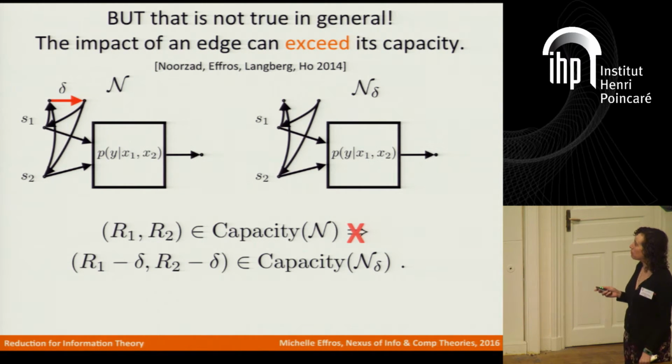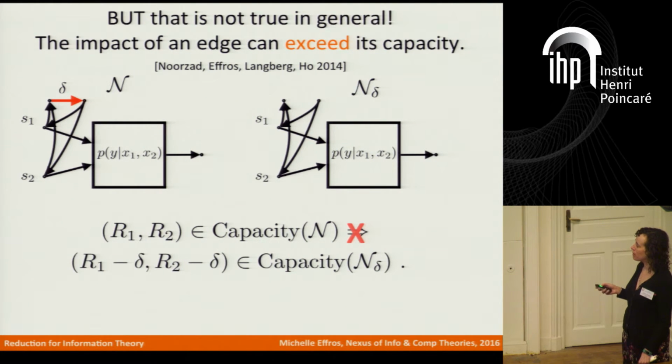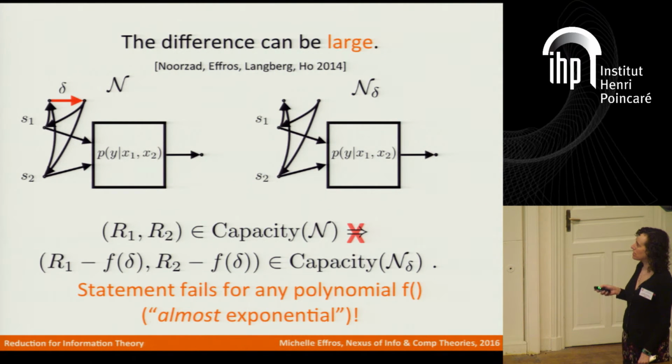What's even more surprising is that even if you relax this constraint a little bit and ask not whether I can get R1 minus delta and R2 minus delta when I remove that link, but whether I can get R1 minus f of delta and R2 minus f of delta for a polynomial f, it turns out still to be false.